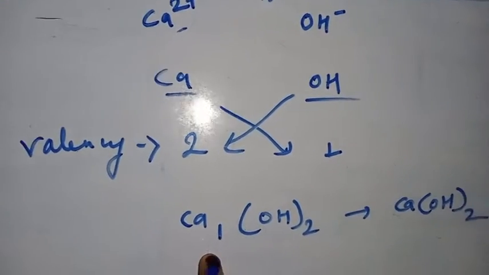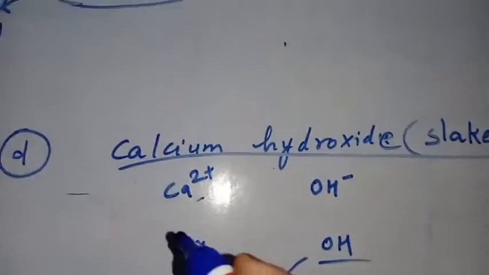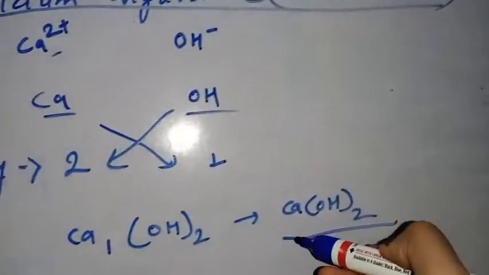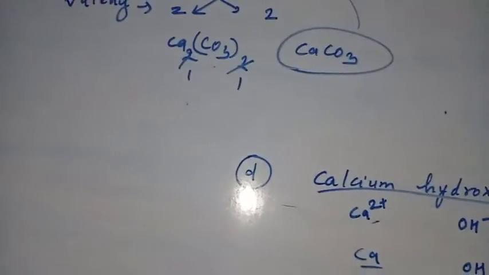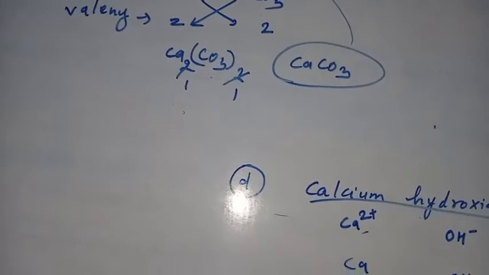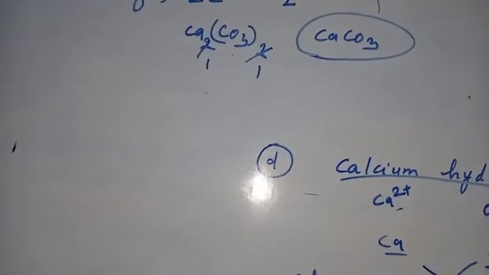We have ignored the 1. So the chemical formula of calcium hydroxide or slaked lime is Ca(OH)2. Like that you have 2 more compounds given in the exercise question. That will be your homework. I'll give it to you to do.